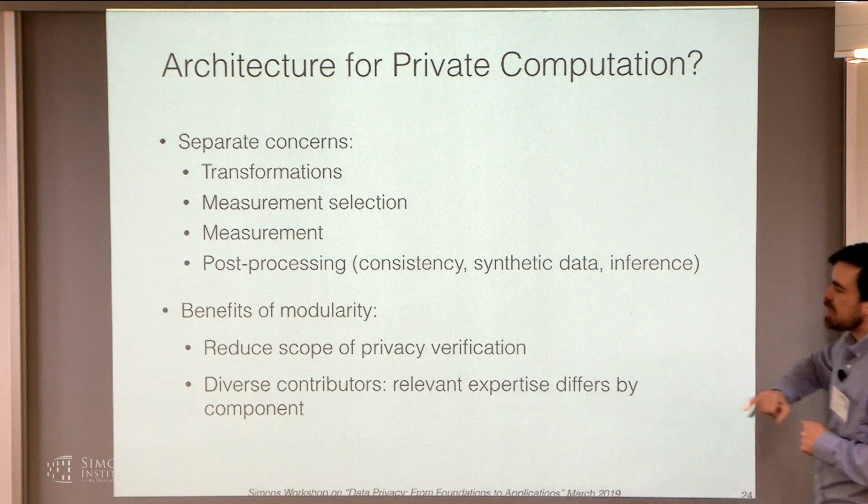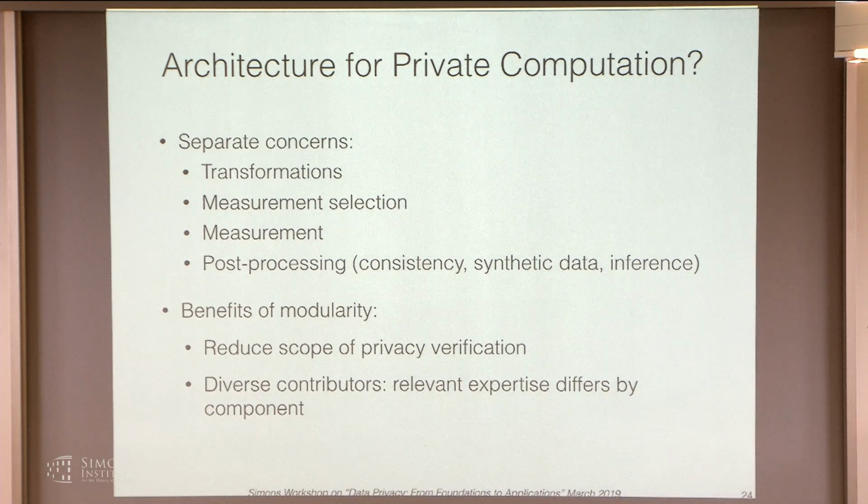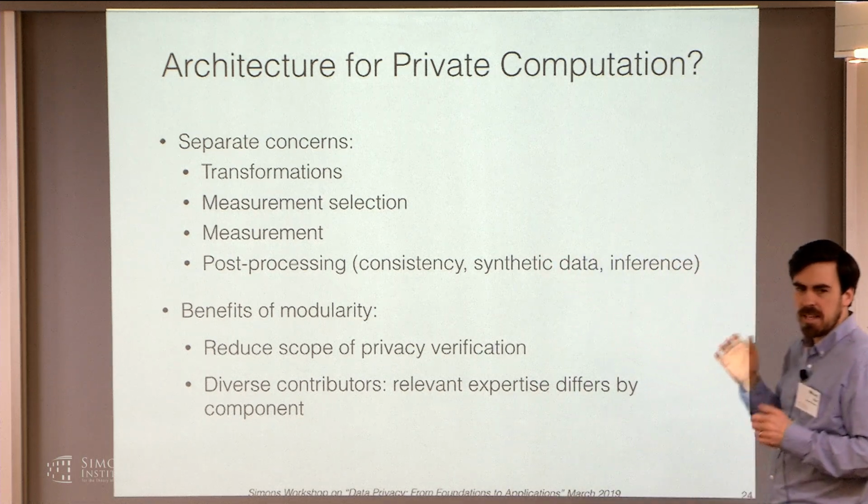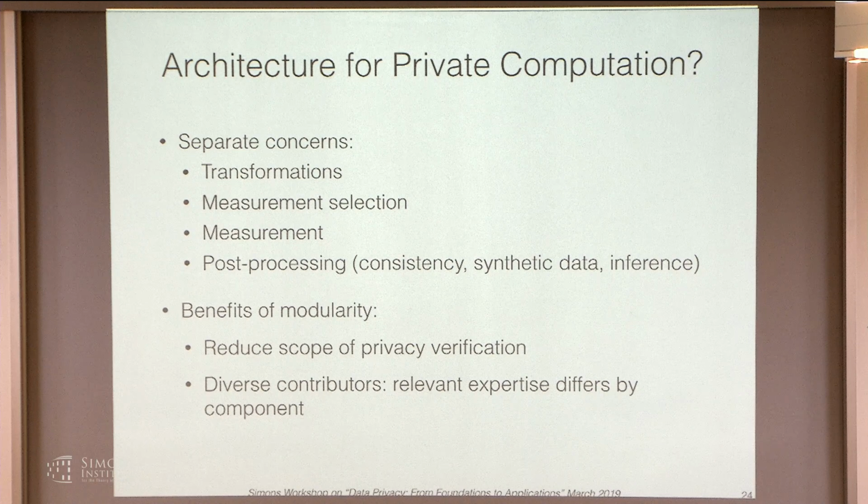The other thing is it opens up the opportunity for contributions from a wider community, because depending on which task you're taking on, the relevant expertise changes a lot, right? If you're in post-processing, you actually don't need to know anything about privacy. It's really a statistical problem.